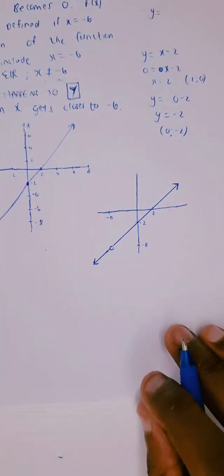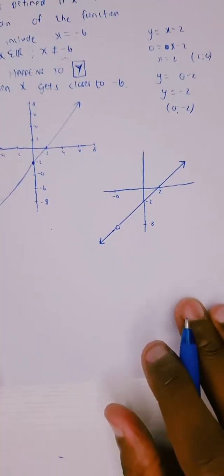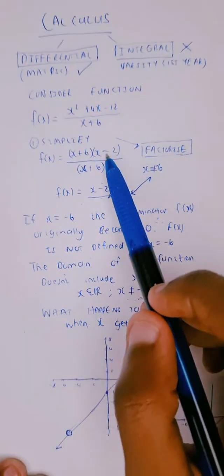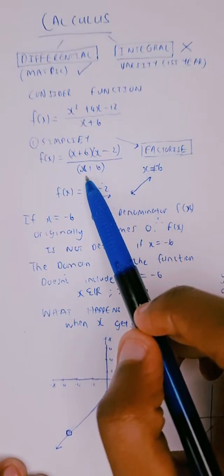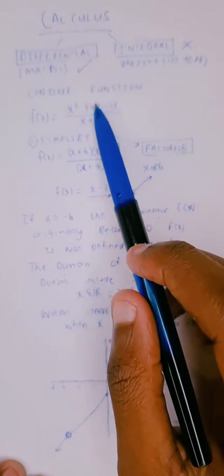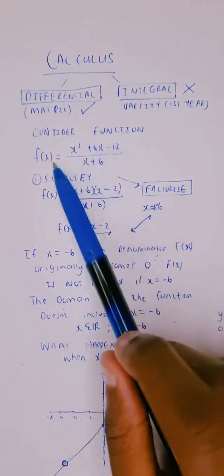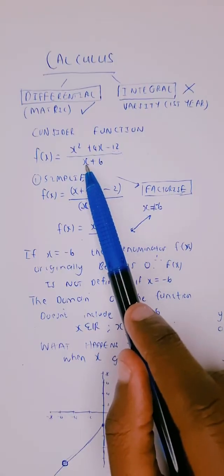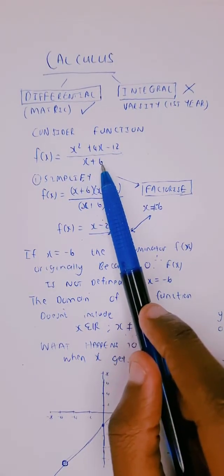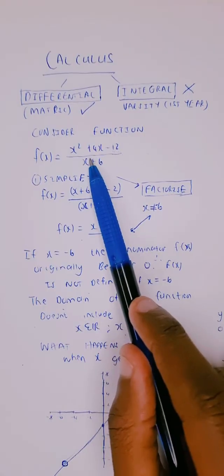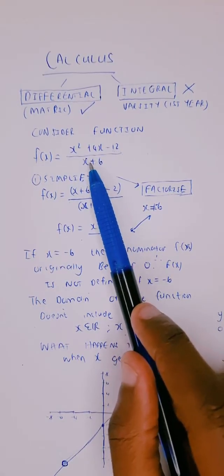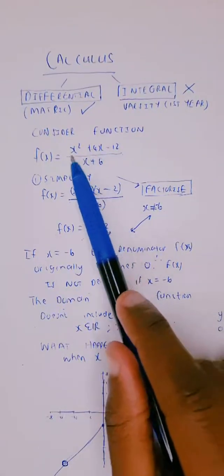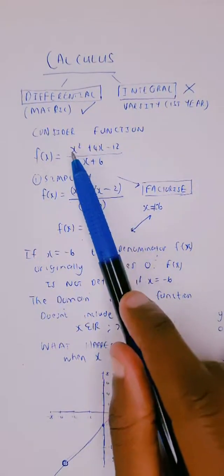So guys, here it is. This is what it means. f of x is equal to x plus 6 into x minus 2 over x plus 6. Remember, this function itself is not defined where x is equal to negative 6, because if you substitute negative 6 in the denominator, negative 6 plus 6 gives you 0. So x cannot be negative 6.